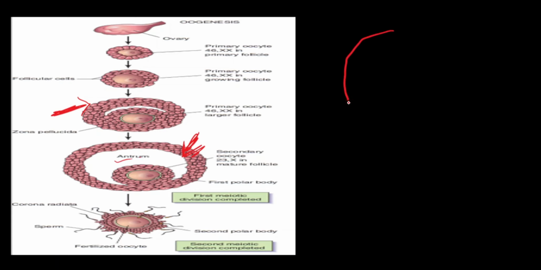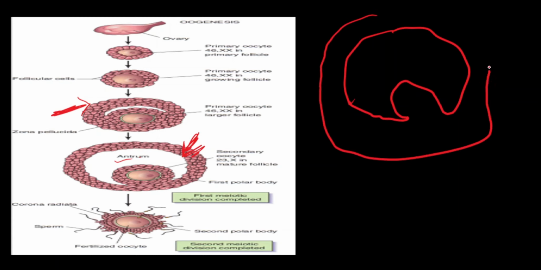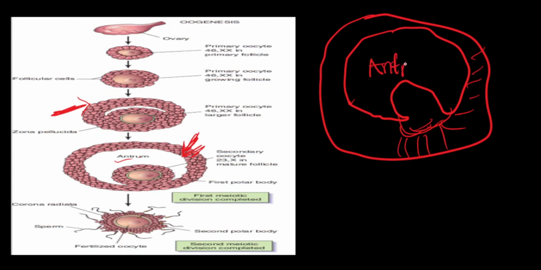Just kind of drawing it out, we have all of the follicular cells layered in this way, and then this would be the antrium. So we have something like this at the secondary oocyte stage.